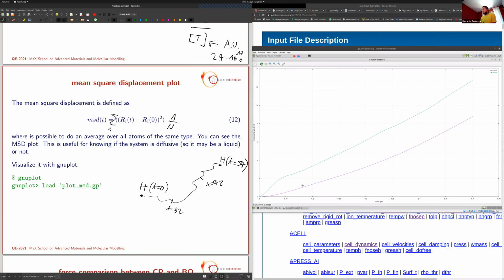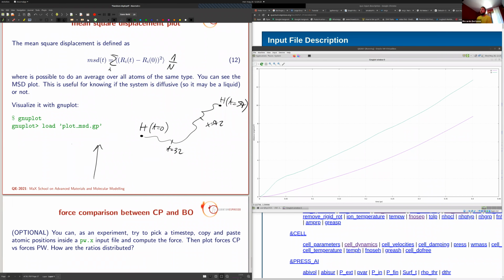So what can happen in this case? It can happen that if it is a solid, for example, the atom will always stay near its initial position, and so you expect that the mean square displacement, here we have time, does something like that. At the beginning, it will move a little bit, and then it will stay still. But this is not what is happening here.